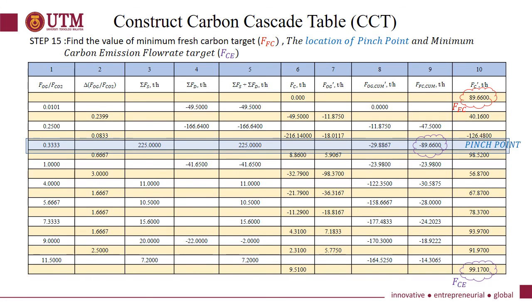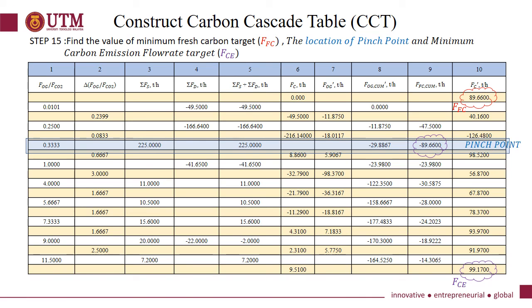Lastly, we can obtain the minimum fresh carbon target, FFC, the location of the pinch point, and the minimum carbon emission flow rate target, FCE, from the carbon cascade table. The minimum carbon target, FFC, is obtained from the absolute value of the largest negative in column 9, which is circled with red color in column 10.